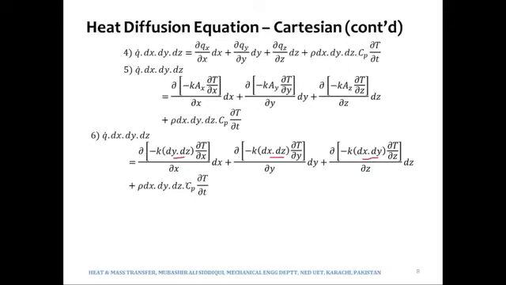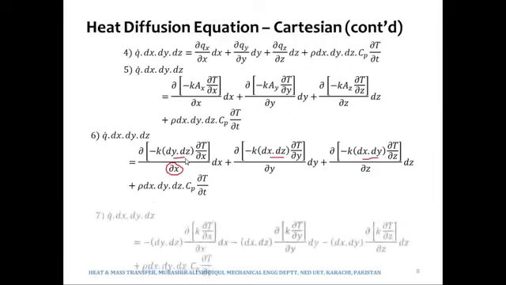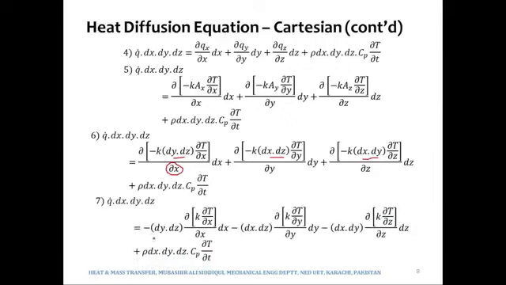Now since over here we are differentiating with respect to x, y and z will be taken out of the differential sign. So therefore dy and dz will be taken out of the differential sign, and we will be left with ∂/∂x of k ∂T/∂x.